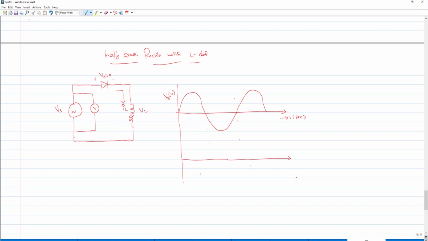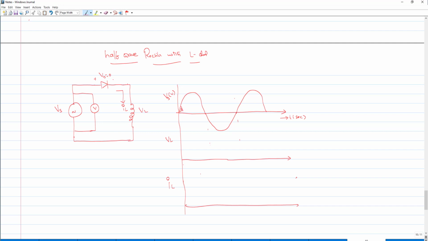One waveform is the output voltage, one waveform is the output current, against the same time in seconds. Now observe carefully the peculiar behavior here. So this is the positive voltage, isn't it?